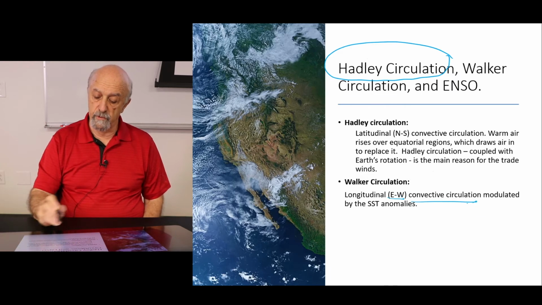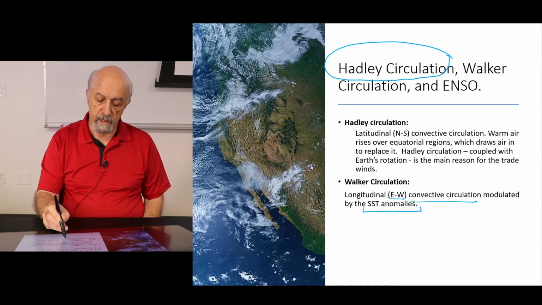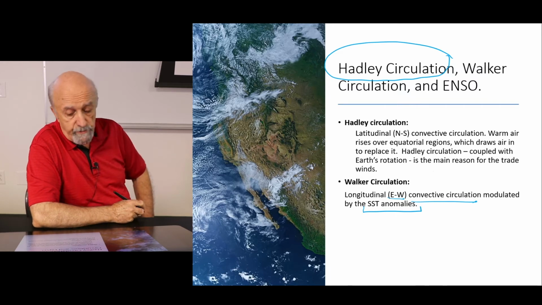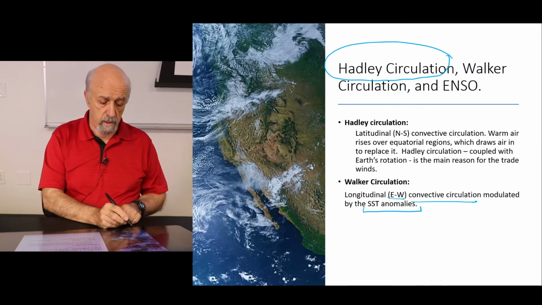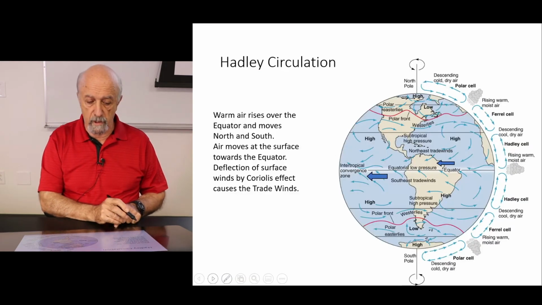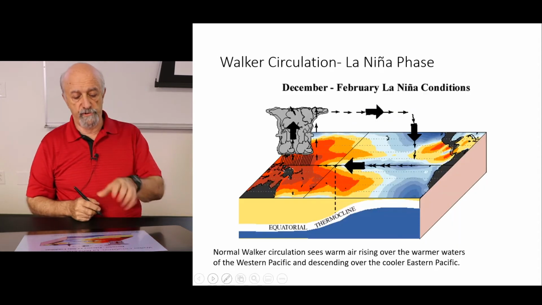It's essentially produced by the SST anomalies, sea surface temperature anomalies. And it's what we see happening. The Hadley circulation, again, here. So the Walker circulation works like this.